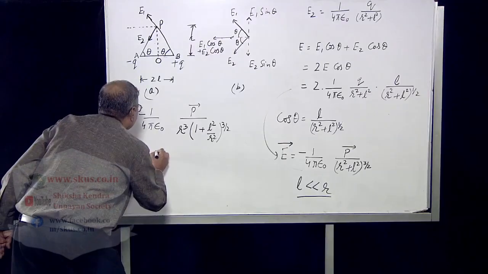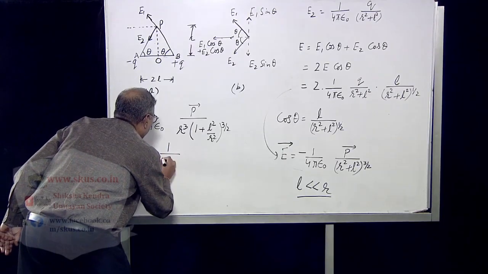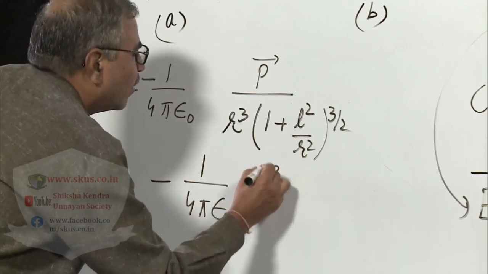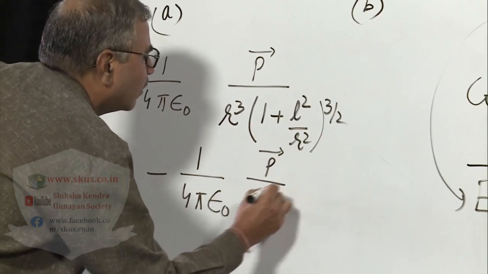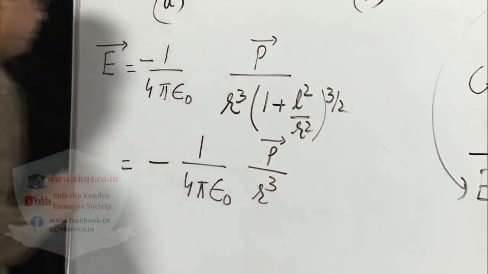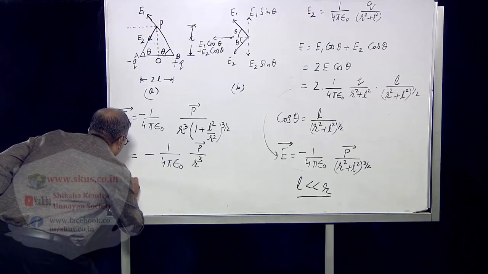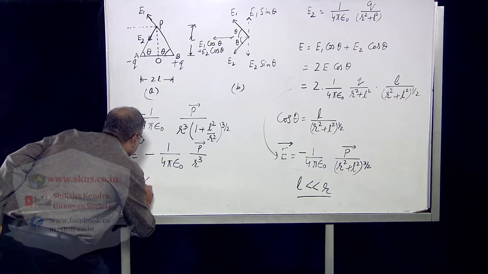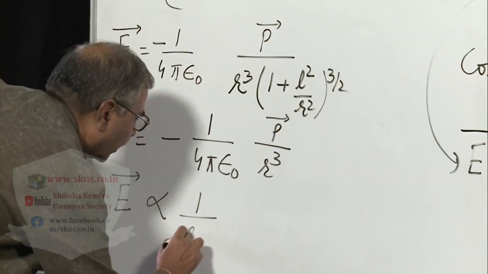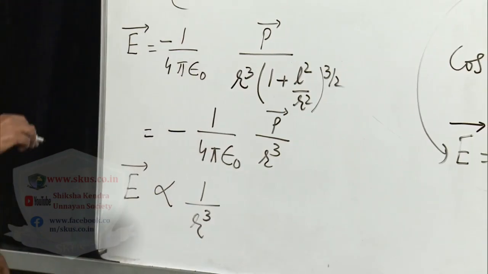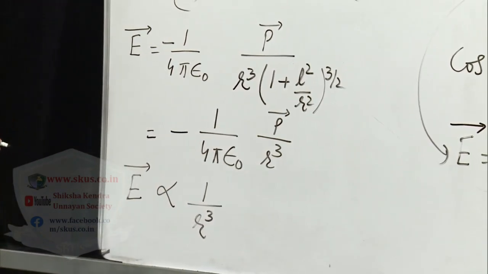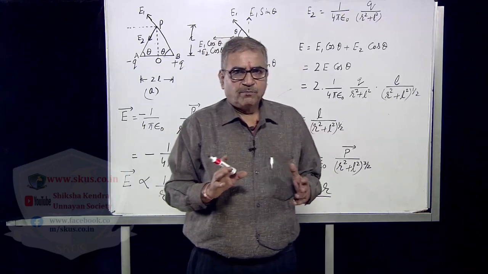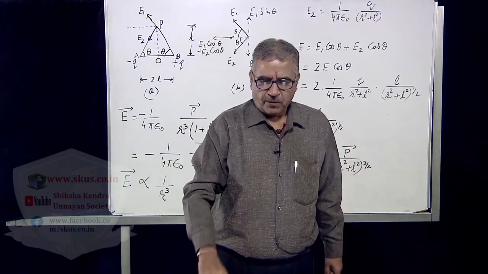We are left with minus 1 upon 4 pi epsilon naught P upon r cube. Again we find that the electric field E in this situation is proportional to 1 upon r cube. So now I will summarize the points which we have found here.